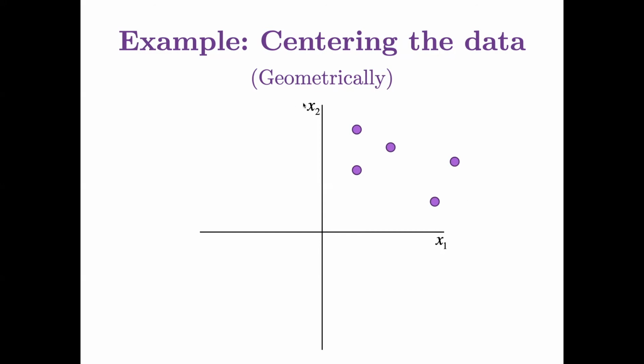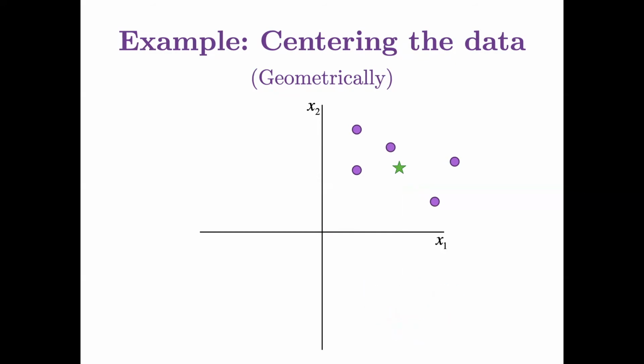To get the mean of this multivariate data, meaning more than one variable, I just take the mean of each variable. So this green star here is called the centroid of the data. It can also be called the average or mean, and it's just the point (x1 bar, x2 bar).